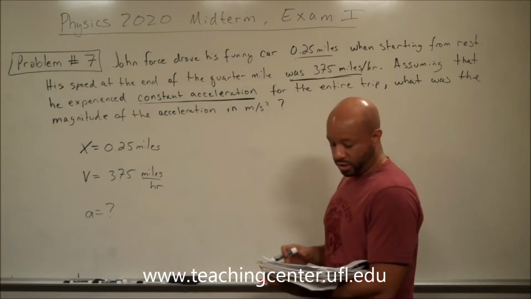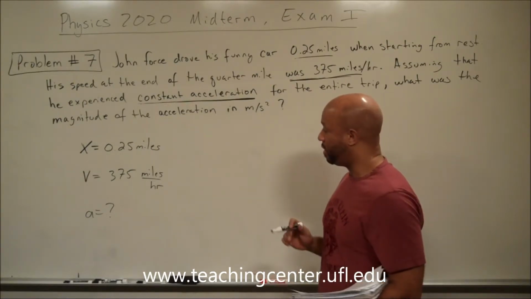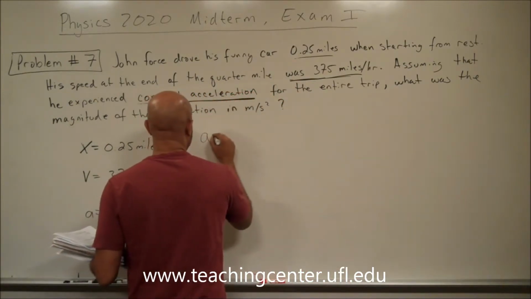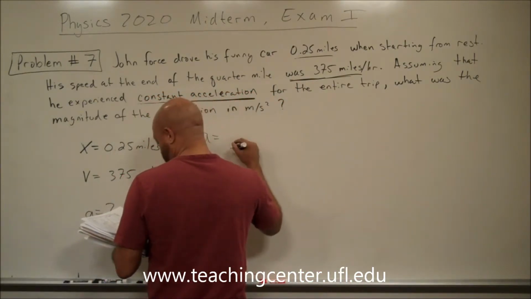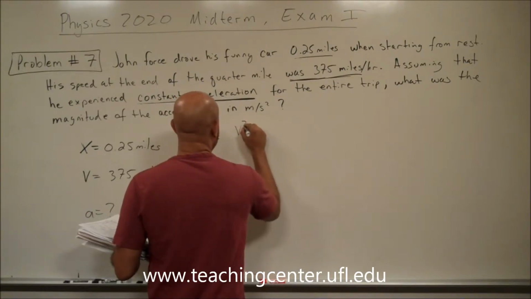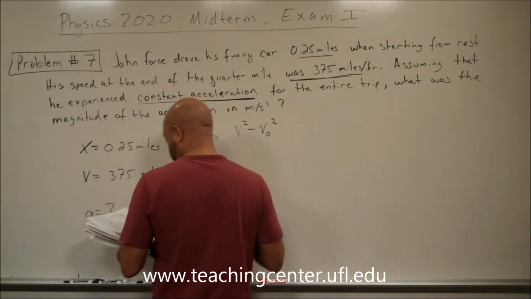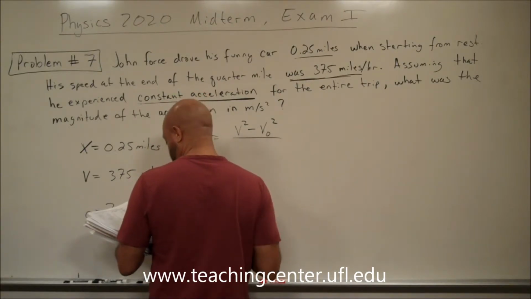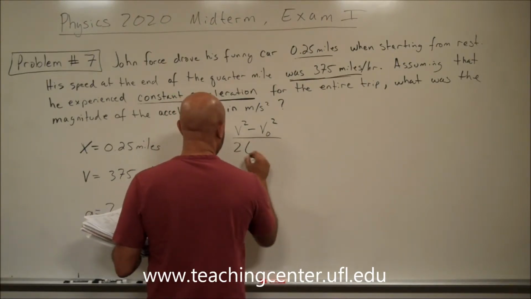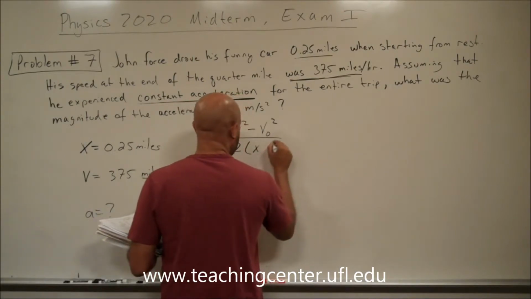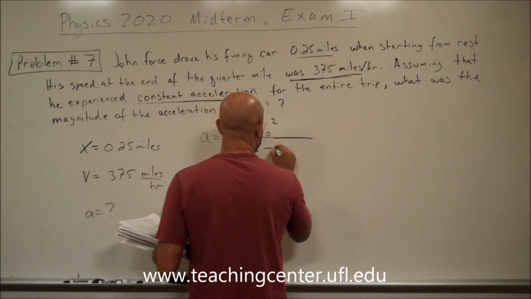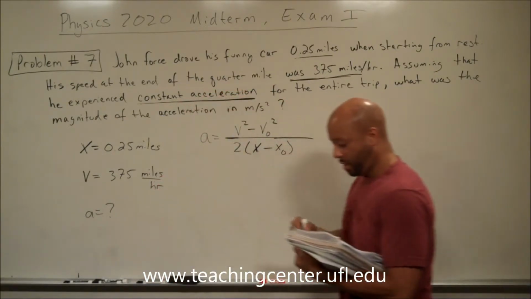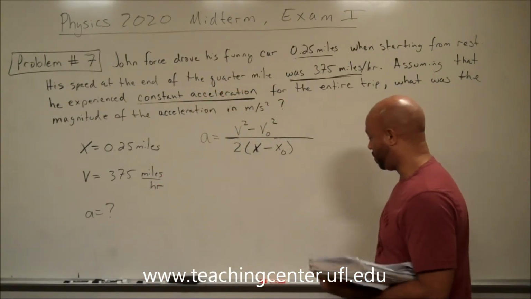The only equation that we can potentially use is this one, where the acceleration is equal to your final velocity squared minus your initial velocity squared, divided by 2 times the final distance minus your initial distance. Okay? And this is actually the equation that we want to use.